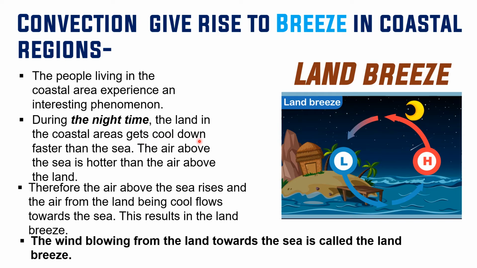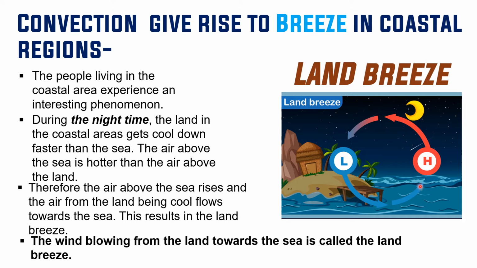So you can see here, this is blue color. That is cooled down. This is the cooler area. But in the sea breeze, which happens in the daytime, the land is hotter than the sea. But in the land breeze, which happens during the night time, the land is cooler than the sea.